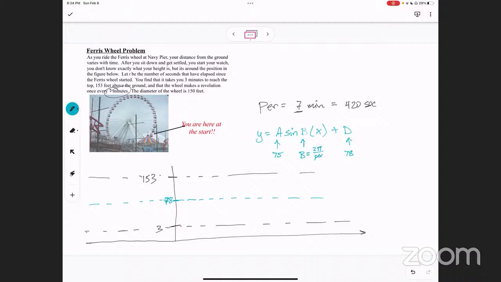And what's my period again? What did the problem say my period was? Read the problem. Tell me what it said the period was.